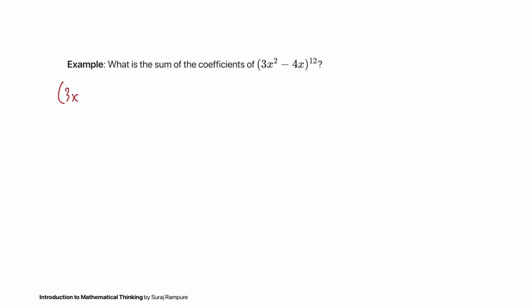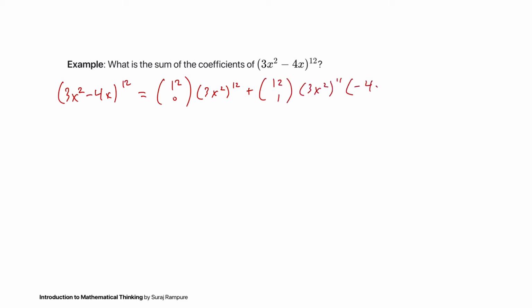So this quantity, 3x squared minus 4x to the 12, will look something like 12 choose 0, 3x squared to the 12, plus 12 choose 1, 3x squared to the 11 times negative 4x plus blah, blah, blah.